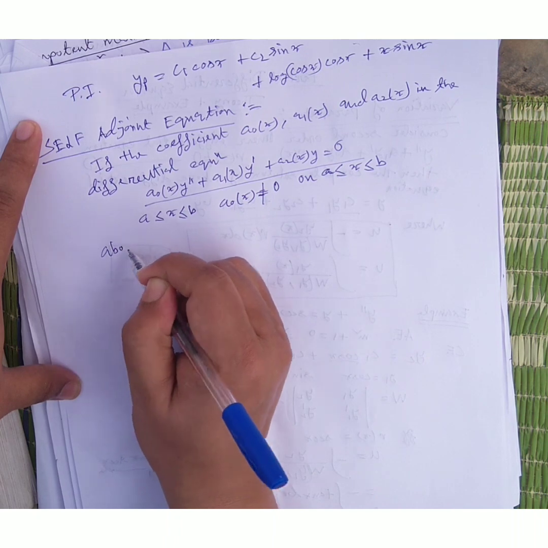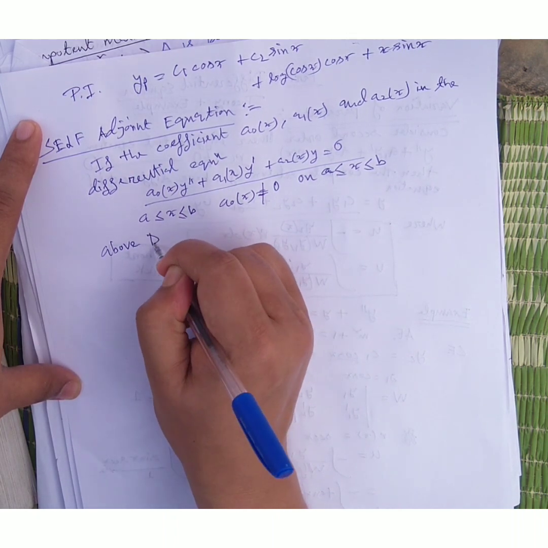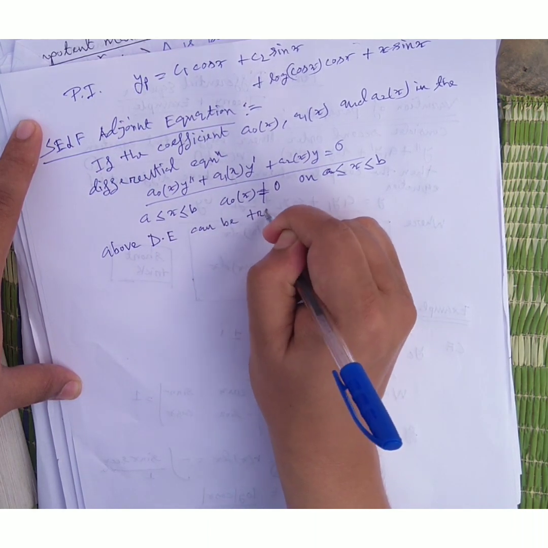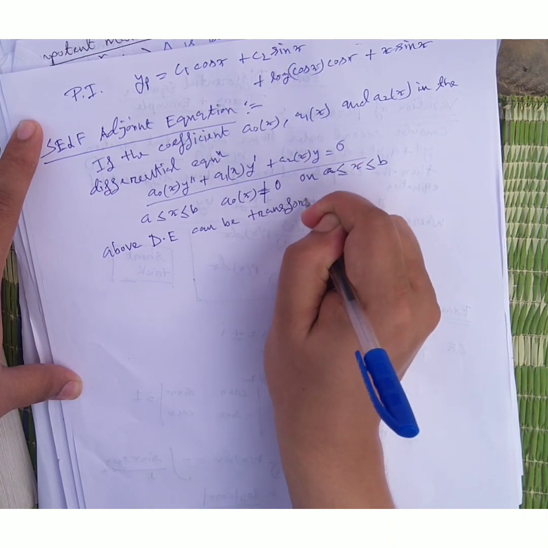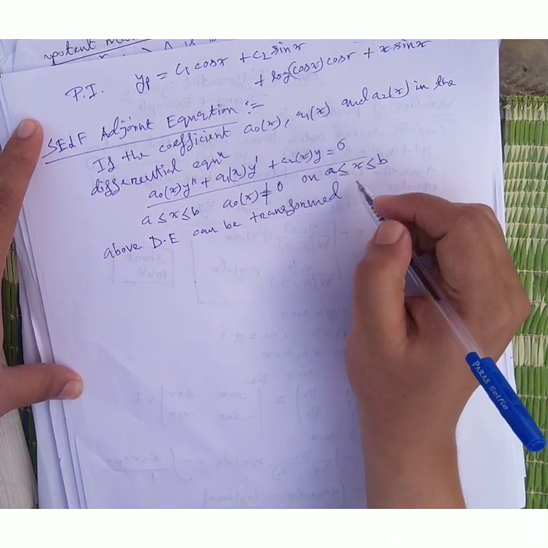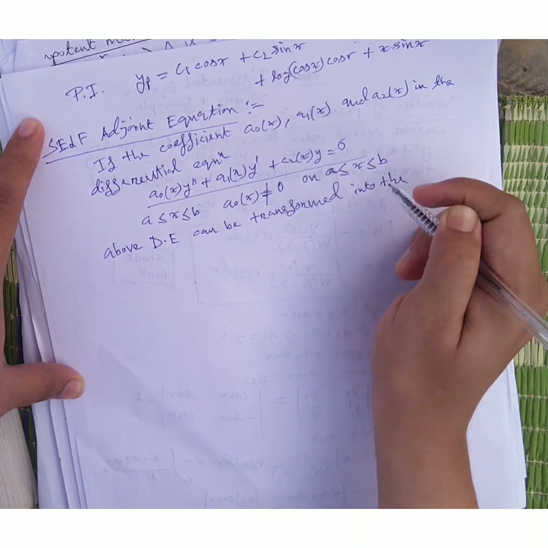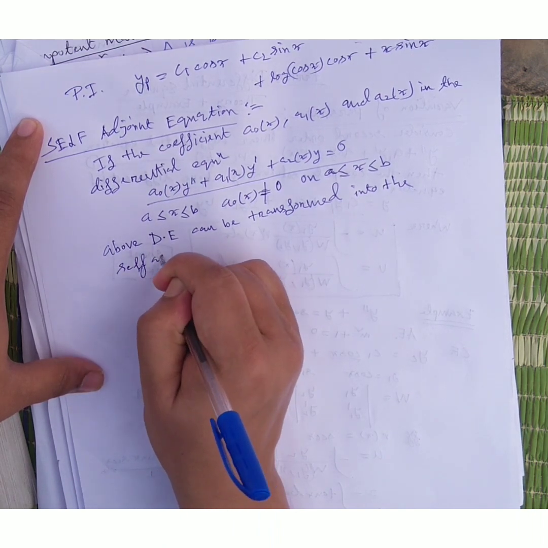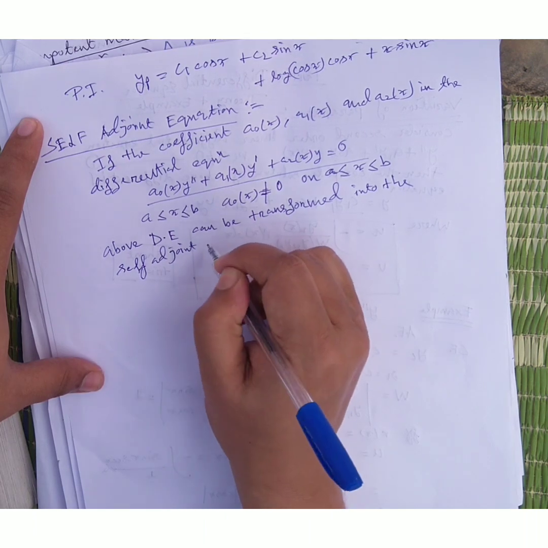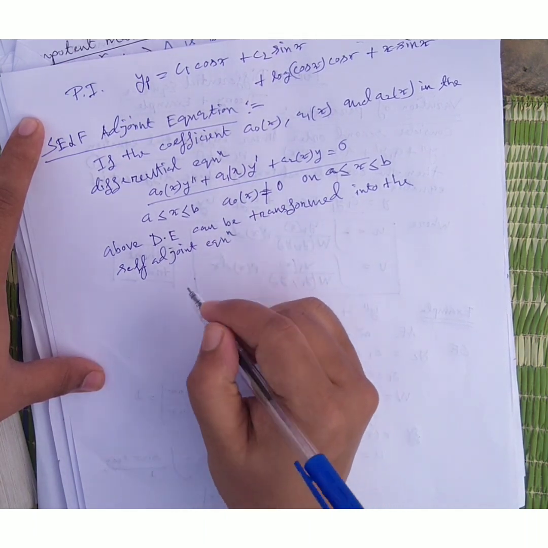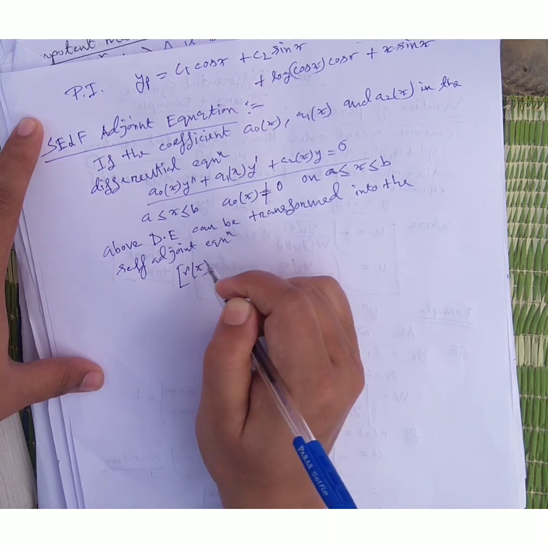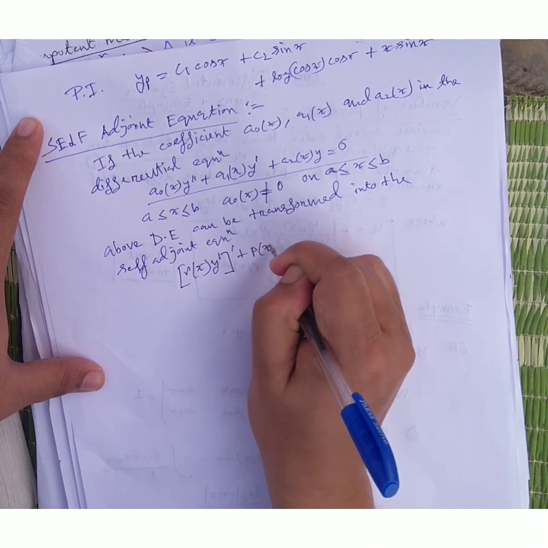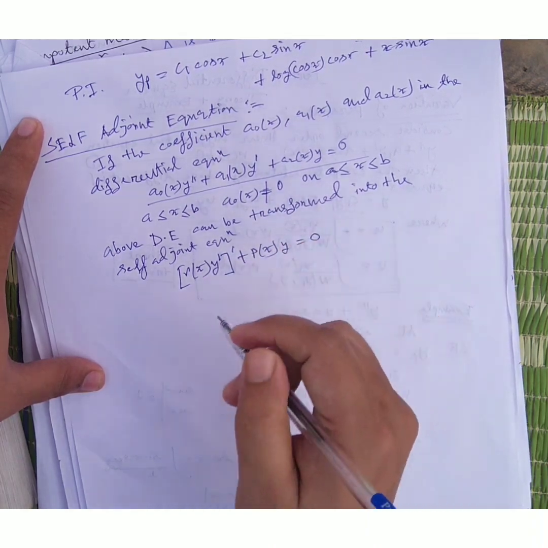The above differential equations can be transformed into the self-adjoint equation if it has the form (R(x) y dash) dash plus P(x) y equals 0.